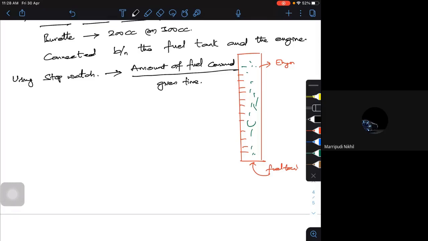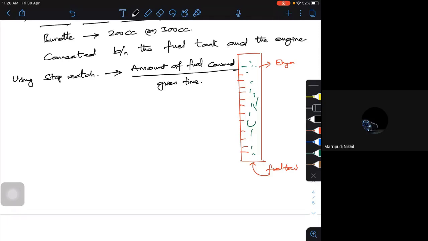Once we switch on the connection to the engine, we start the stopwatch. Then we take how many cc of fuel has run down, 20 cc or 10 cc or 30 cc, for 10 seconds.